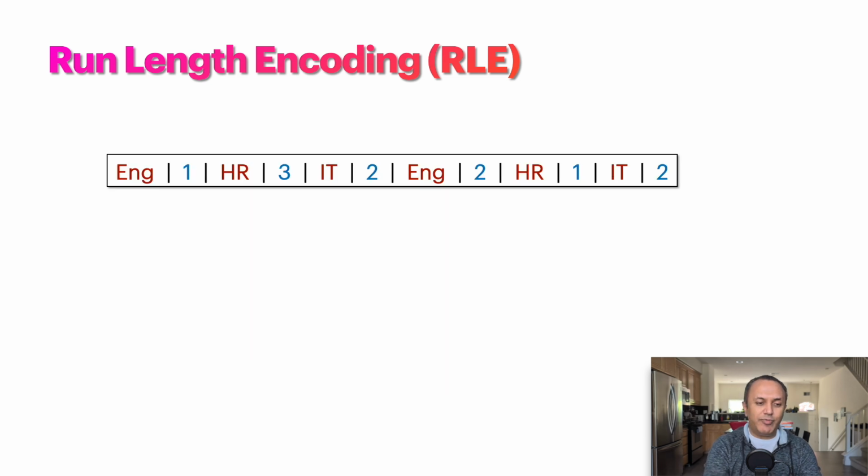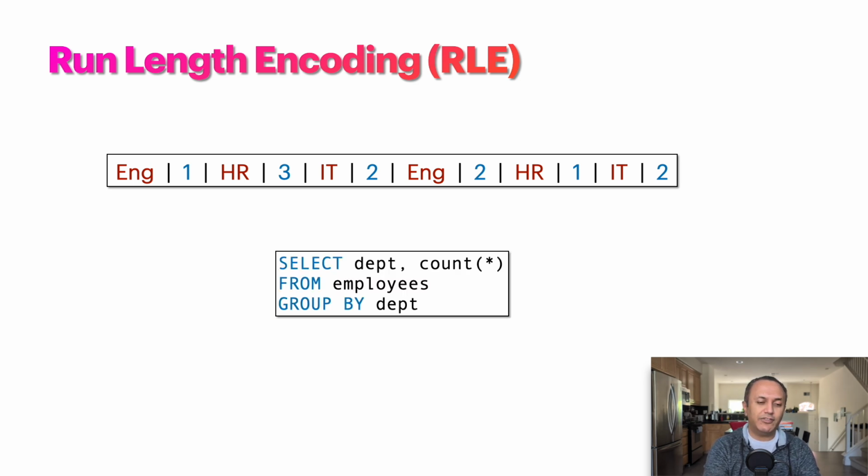Now, let's assume that we have this compressed data, using RLE. We talked about queries. Can queries run directly on the compressed data? In some cases, yes, depending on the query, of course. If we have a query like this here, for example, that selects department and counts star, grouping by department, meaning that you want to output each department and the number of employees in that department, right?